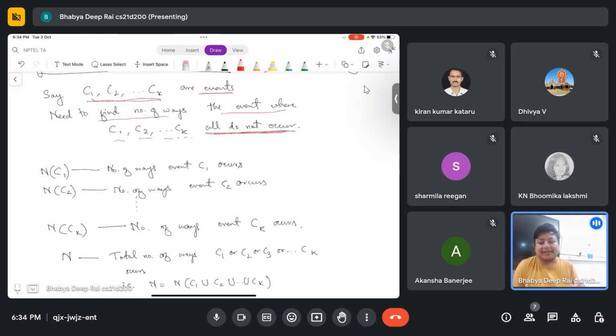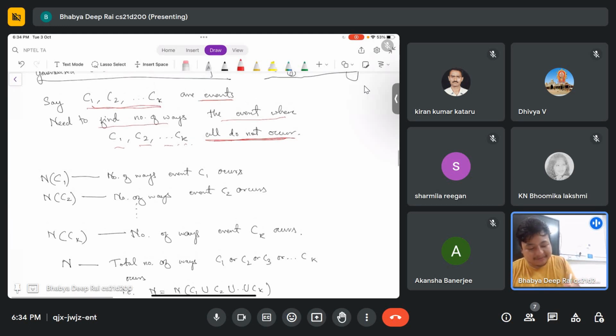In such cases, we will be using the generalized inclusion exclusion principle. We need to translate it so that all these events together will not occur. In other words, if you see them as sets, they are nothing but C1 complement, which means C1 does not occur, intersection C2 complement, intersection C3 complement, and so on till Ck complement.